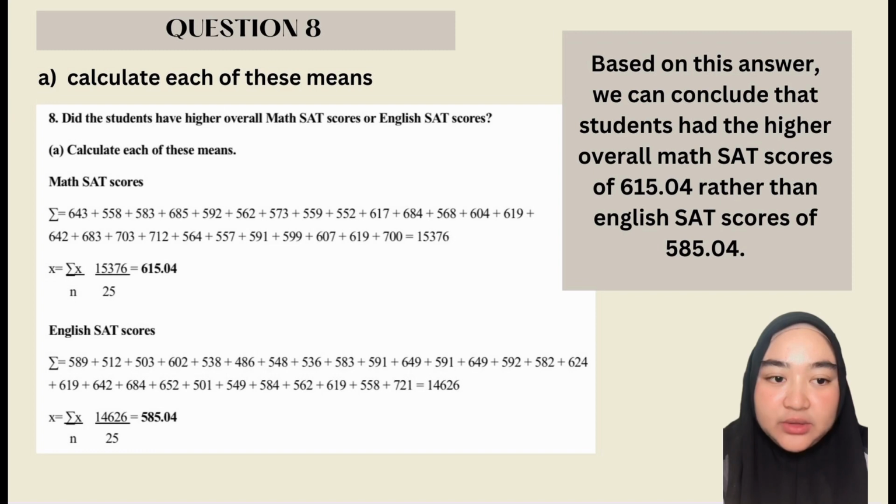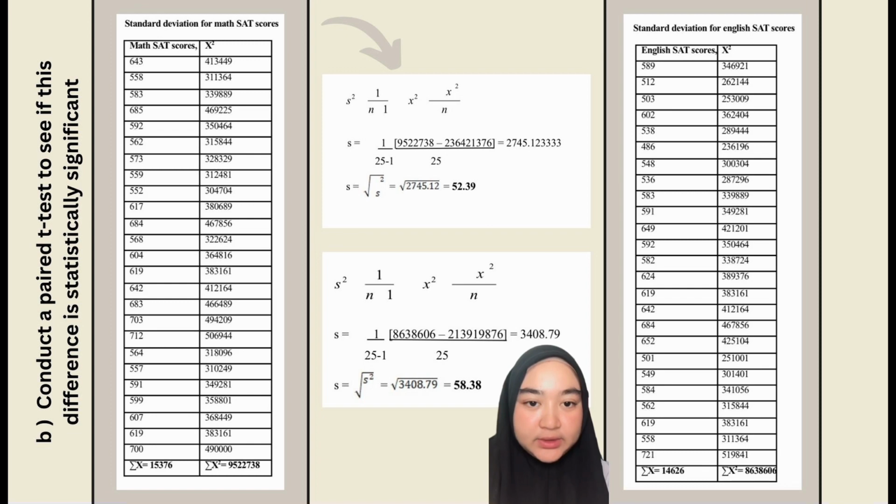Based on the answer, we can conclude that the student has the higher overall math SAT score of 615.04, then the English SAT score is 585.04.